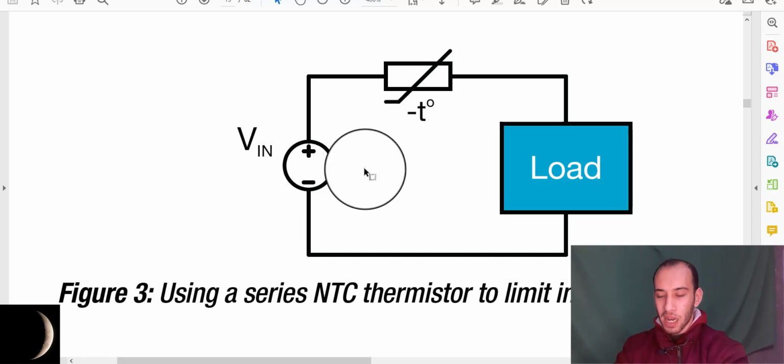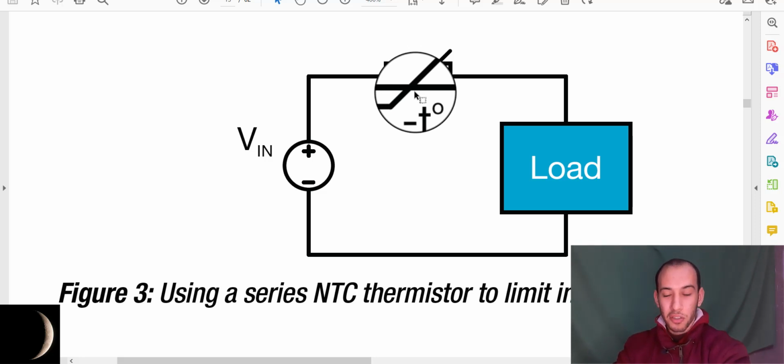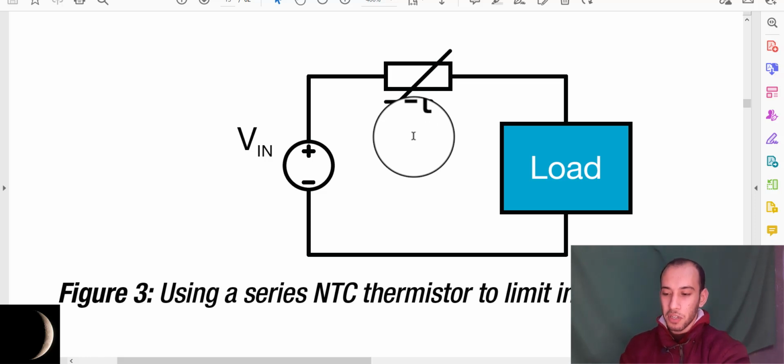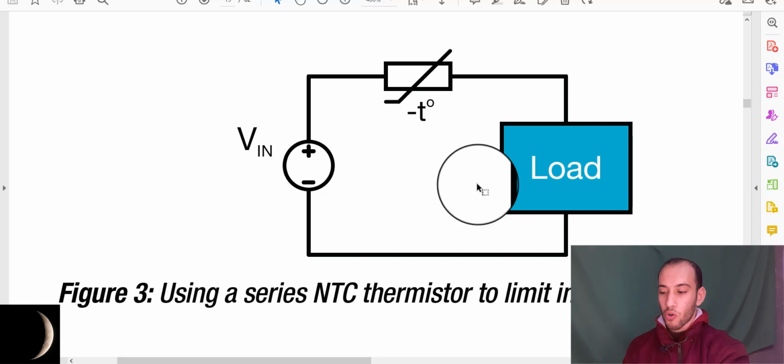After a short amount of time, the power dissipation will make the NTC heat up, the resistance will decrease, and the load or your system will be fully on and will draw its full rated current.